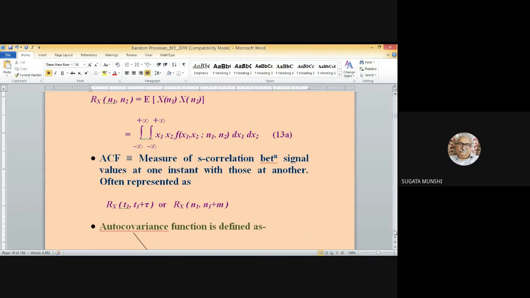Often it's also represented in this way. Instead of R_X(t1, t2), it is represented as R_X(t1, t1 plus tau), or in case of the discrete random process, R_X(n1, n1 plus m). Tau is known as the lag parameter. m is also known as the lag parameter.